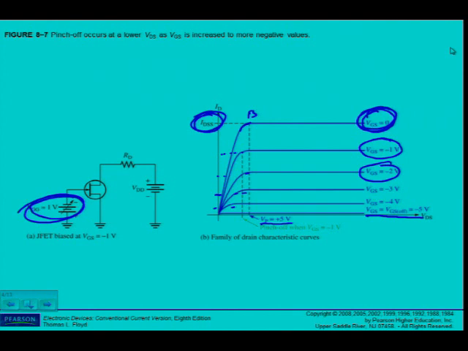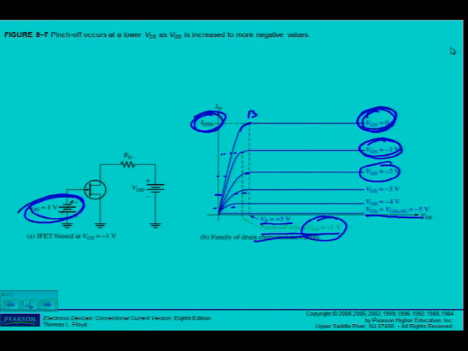But of course, as I start to bias, you can see then I get another pinch off. Now this is pinch off when VGS is equal to -1. It is not V pinch off. It's pinch off voltage at VGS of -1. You must be clear on the difference between the two.